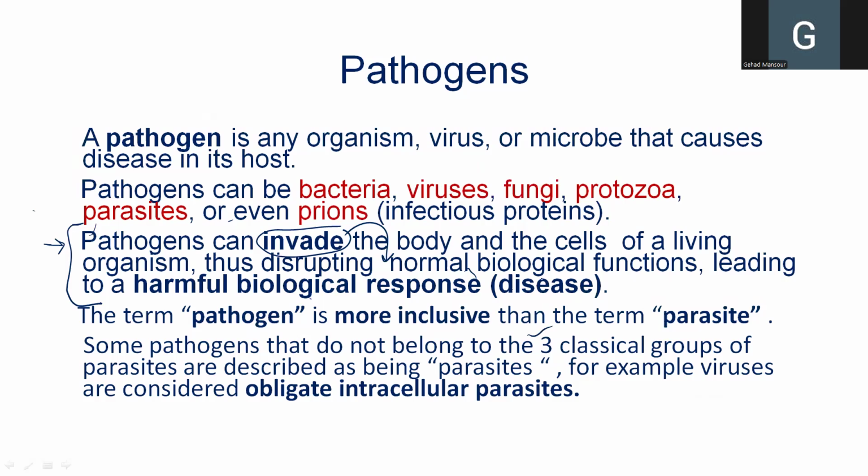It should include the consequence, which is the occurrence of a harmful biological response or a disease. And we said that the pathogen is more inclusive than the parasite. One evidence is that viruses are not parasites, but they are pathogens. They do not belong to the three traditional classes.